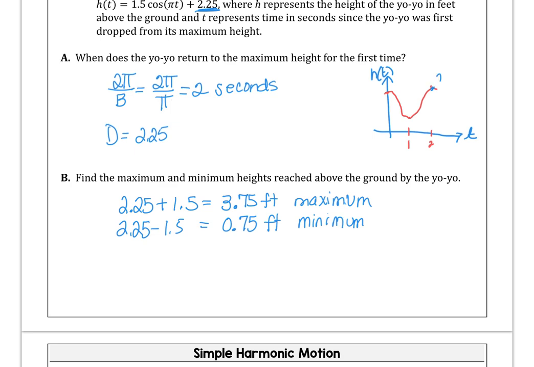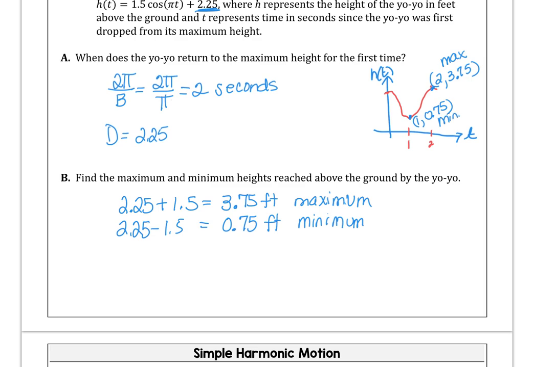And we could label that here on our graph: 2 and 3.75 is our max, and 3/4 of a foot would be your minimum.